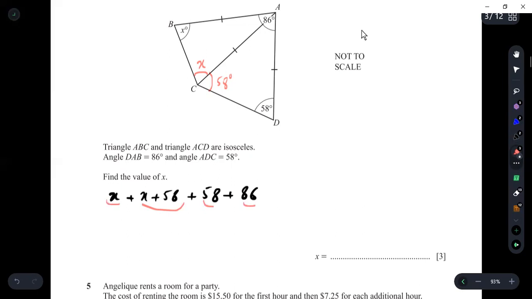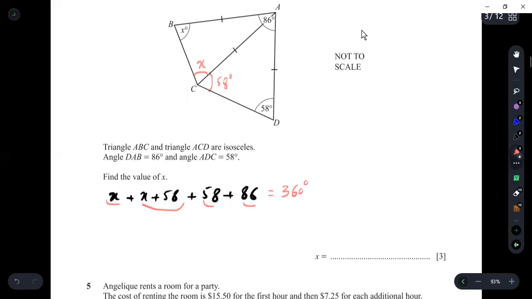One angle is X, one angle is X plus 58. That should be considered as a single angle of this quadrilateral. And then this 58 is here, and then this 86 is here. So the sum of these angles must equal 360 degrees.